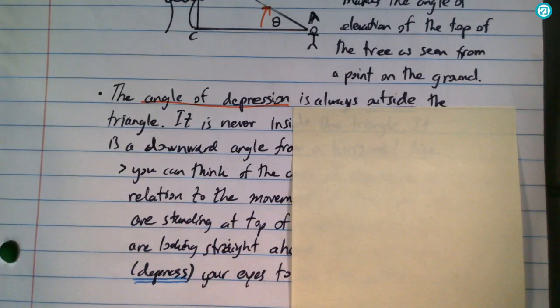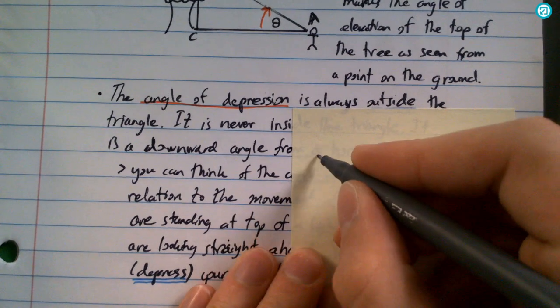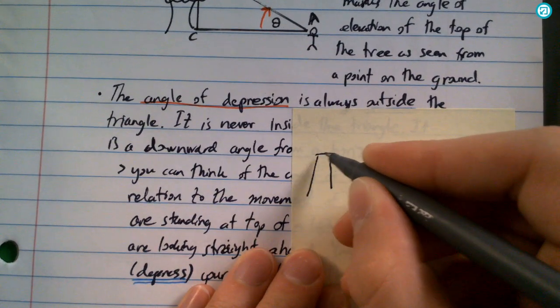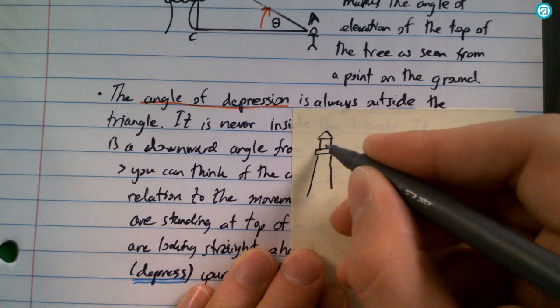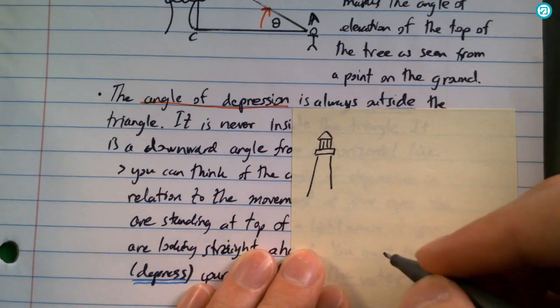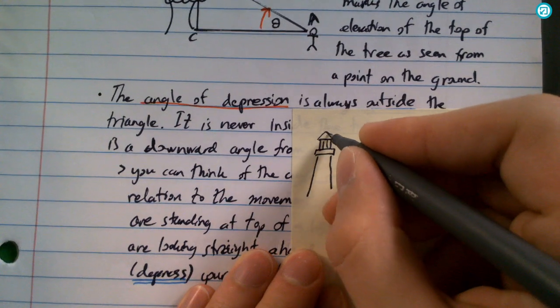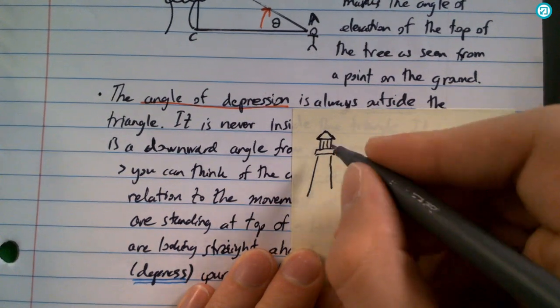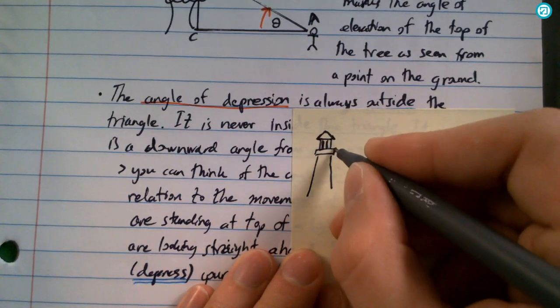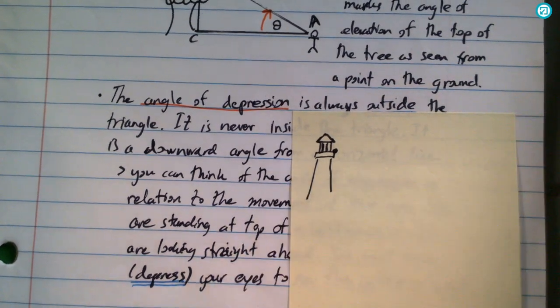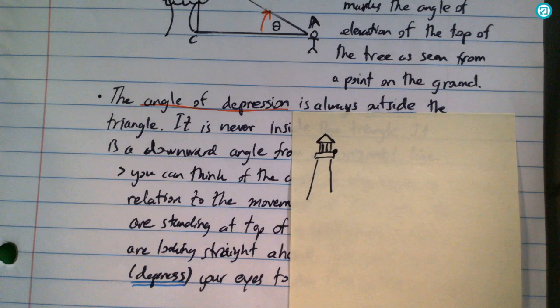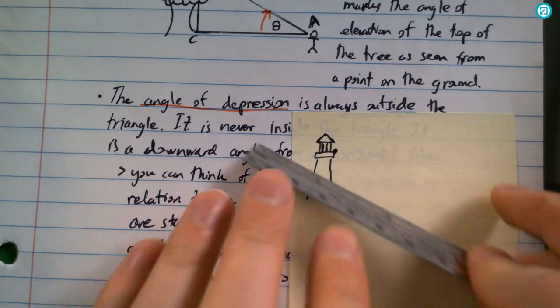Okay. So if we have our lighthouse, okay, there's a lighthouse. And we're standing up here. That little dot represents us. And we're looking down to the harbor or to the bay or whatever you want to call it.